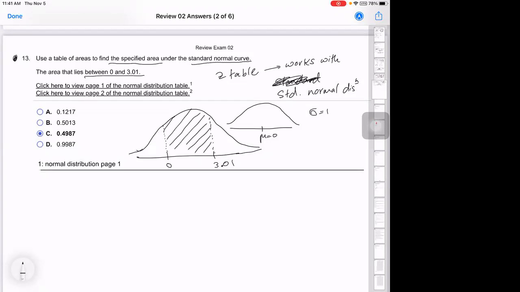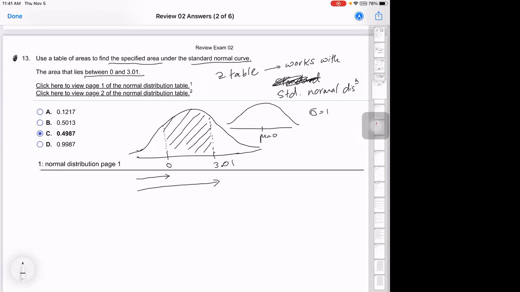So if I need to find this area, what should I do? I have to find the area from your left hand side to 0, and from your left hand side to 3.01, because in the Z table, every measure is taken from left hand side to right hand side.